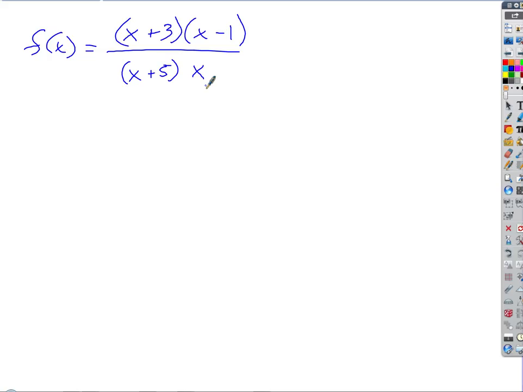Okay, try that one. Everybody try that. Put that in your notebook. Make a quick sketch of that. And I want to know specifically where the zeros of the function are and where the vertical asymptotes are.